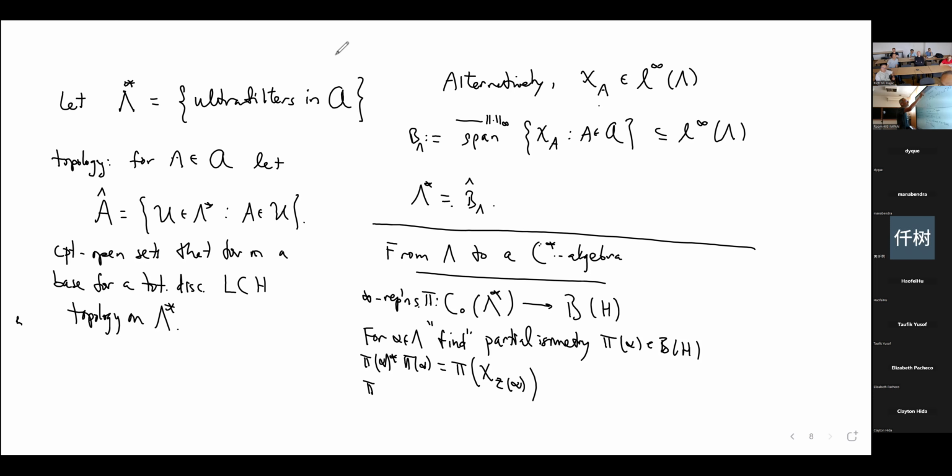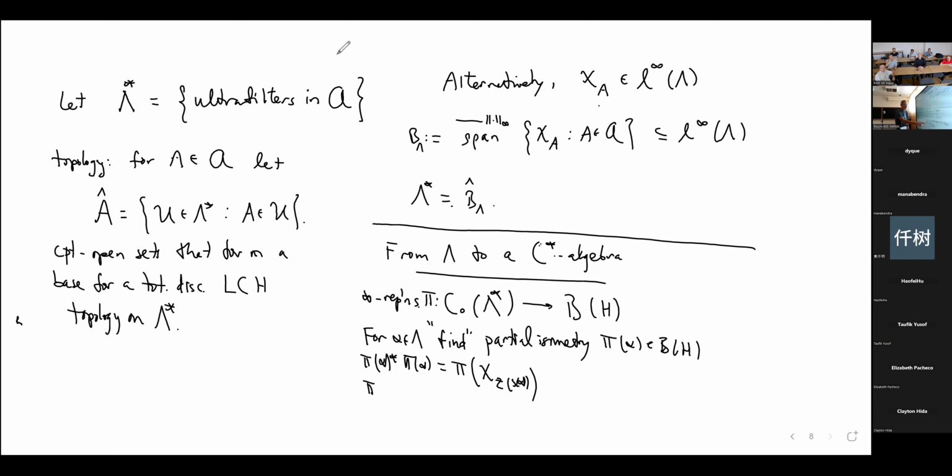Okay. And this is the source of alpha. C0 of lambda star is just your P lambda above, right? So just describe it to you directly using P lambda.